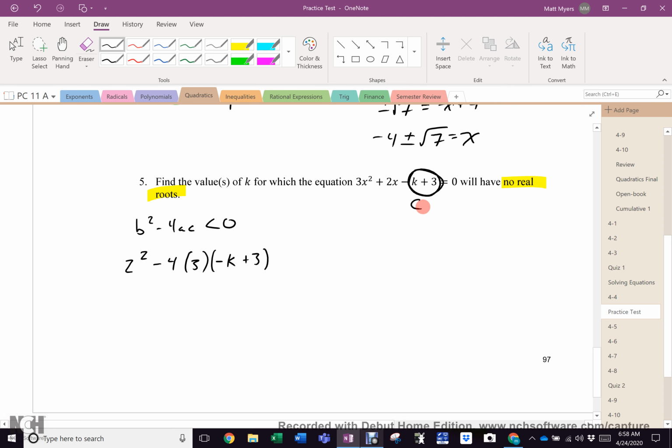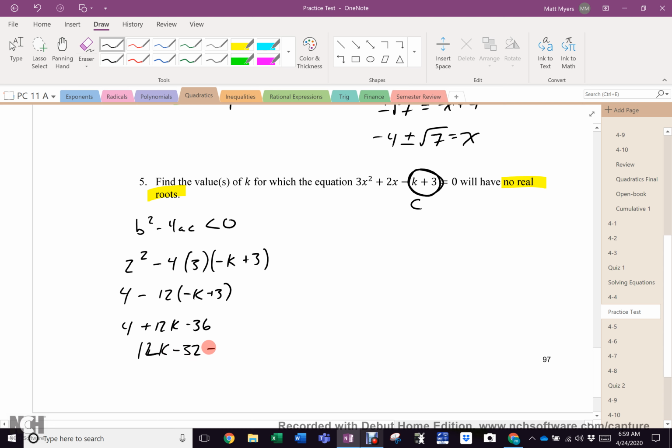Run it. 4 minus 12 times negative k plus 3. 4 plus 12k minus 36. 12k minus 32 has to equal 0.